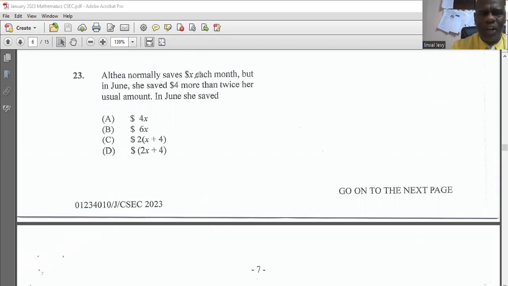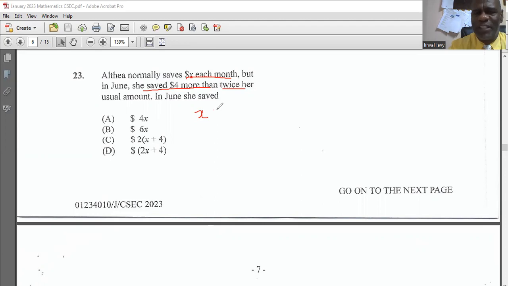So Althea normally saves X dollars each month. So this is what she saved each month, X dollars. In June she saved $4 more than twice her usual amount. Alright, so her usual amount is X. Let's write that down. So X is usual amount. Then she saved $4 more.